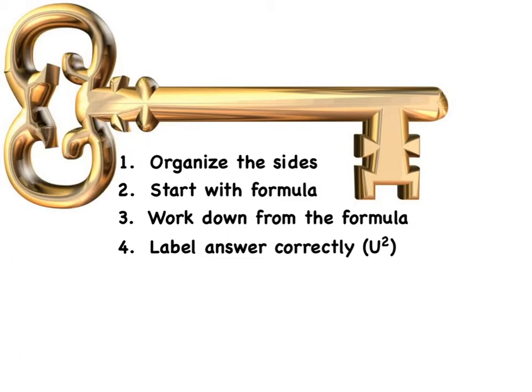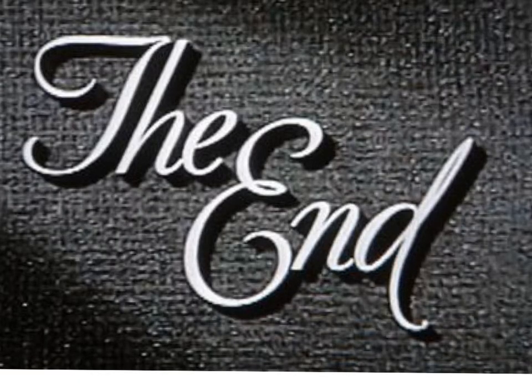So in this case, if they don't give you centimeters or inches or feet, you're going to label it with a U for units, and they're going to be squared. So a relatively short video, quick information, but it's really basic when you break it down into each individual side.